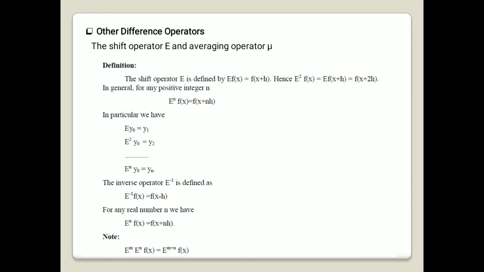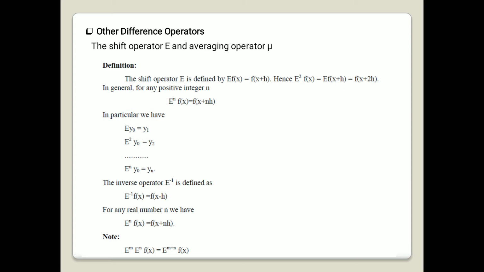It means that when we operate E on f of x, the power of E is 1, so E f of x shifts the original value of f of x to f of x plus 1 times h. If we take the square of E, then that operator shifts f of x to f of x plus 2 times h. Similarly, E raised to n of f of x is equal to f of x plus n times h.